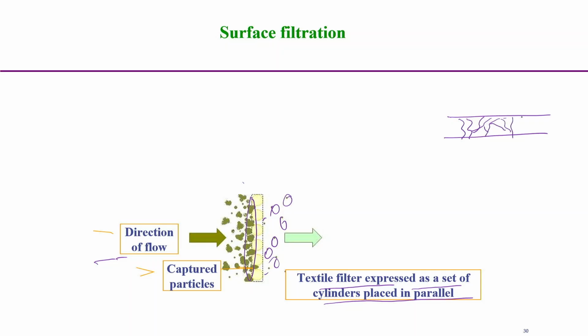There will be blind pores, where pores end within the thickness of the fabric, and the pores do not behave like cylindrical pores. These pores are irregular in shape, but for woven fabric we can consider the pores to be straight. So, for woven fabric we get surface filtration, and in nonwoven fabric we get both surface filtration and depth filtration, that we will discuss.